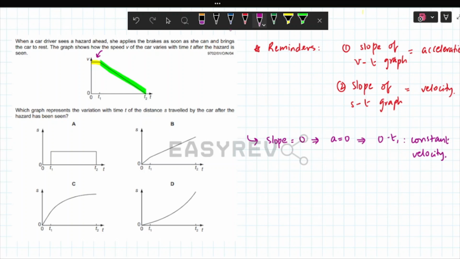On a distance time graph, that would mean you have a constant slope from 0 to t1. So we can cancel out option A, for instance, because here we see that the slope is 0, not constant. So we're left with B, D, or C.